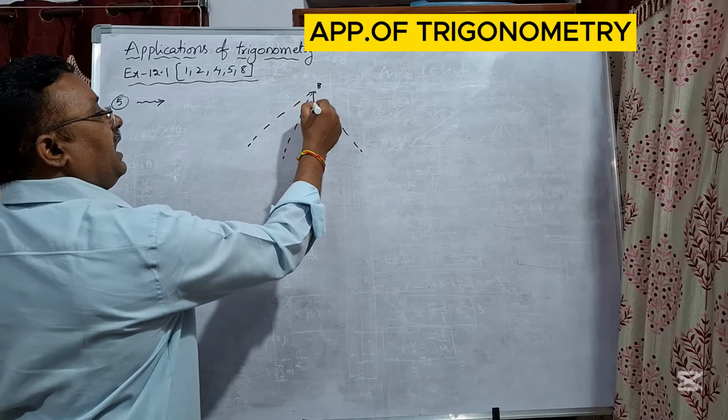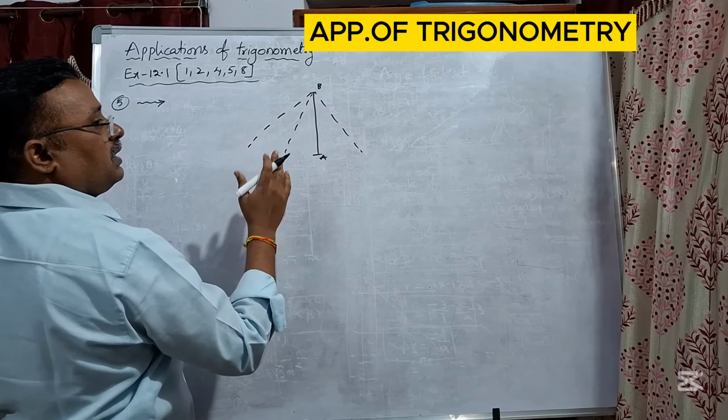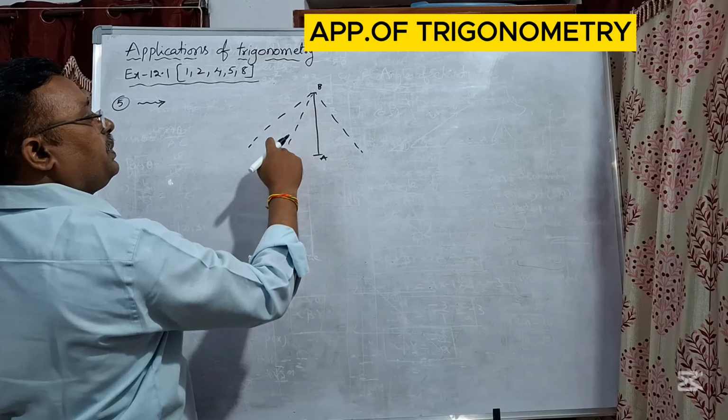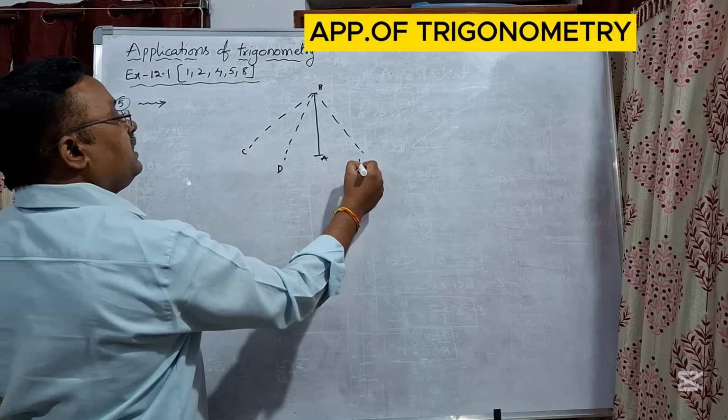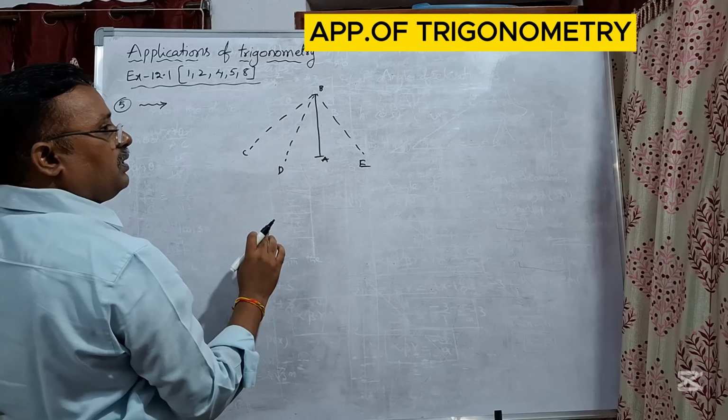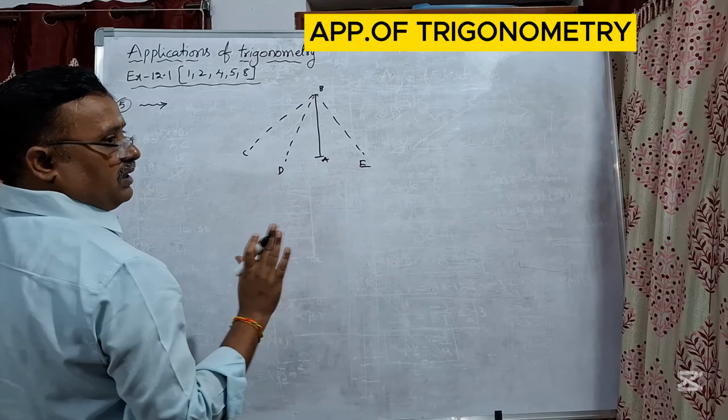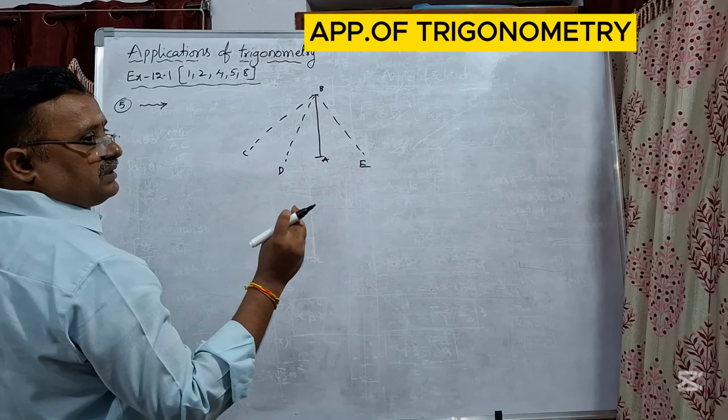The ropes are making an angle of 30 degrees with the pole. Then how much length of rope is needed? BC, BD, BE, all these three ropes of equal length to erect the pole, the total length we want. They are asking that.